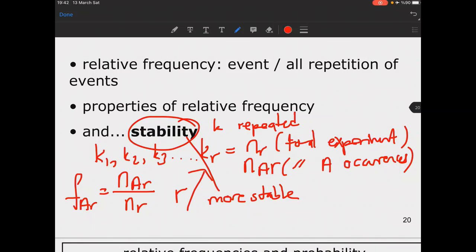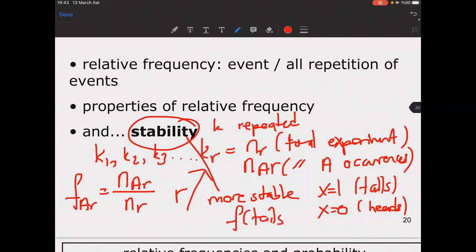For example, suppose that you're tossing a coin and you count the number of tails, denoting tails with 1 and heads with 0. What is the frequency of tails here?